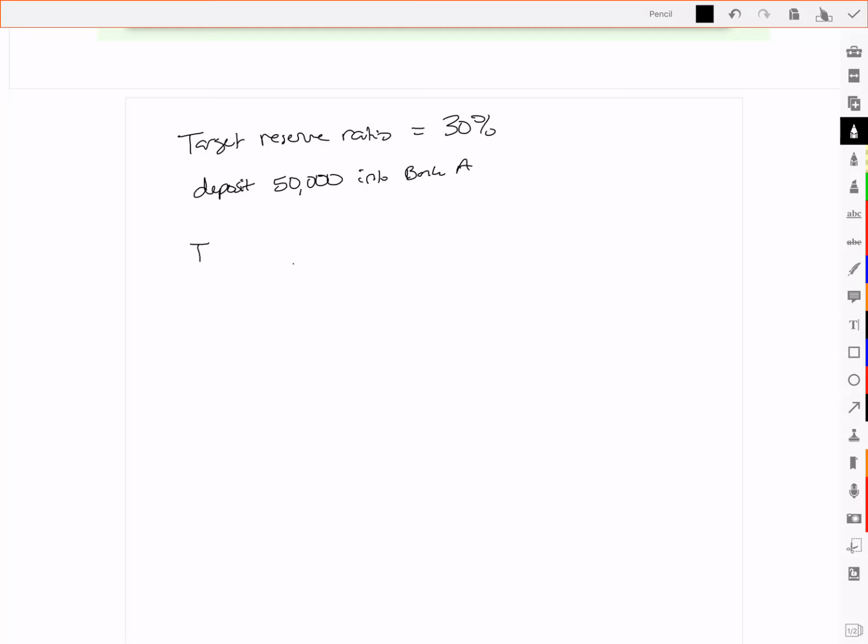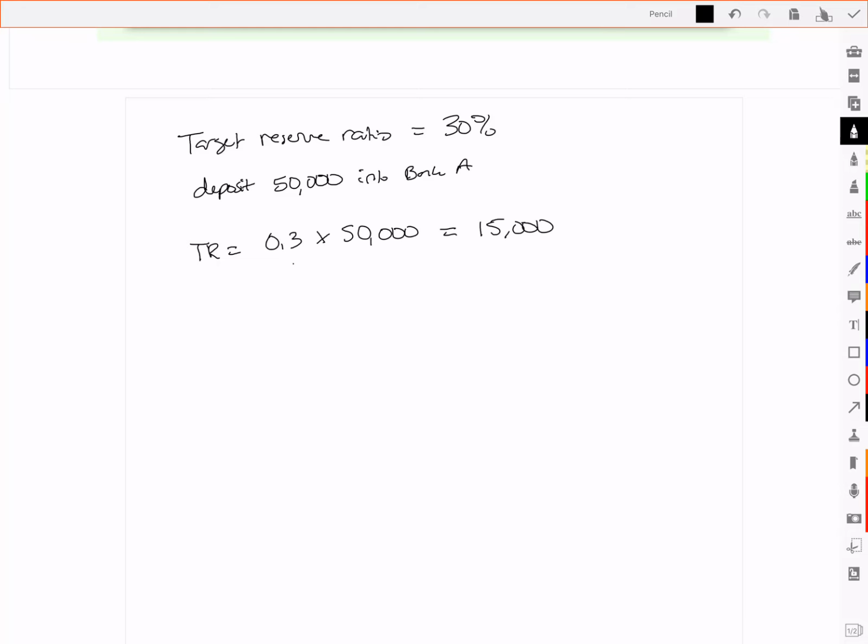So what is the target reserve? How much has to be held as cash? The portion we have to hold as cash is 30%, so we're going to take 0.3 times 50,000, which is 15,000.